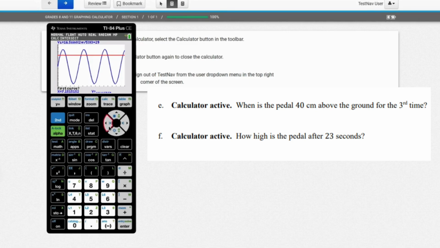So let's make sure that our little cursors are right where we need them to be. Put it just to the left of that one. Put it just to the right of that one. Always hit enter for guess. And we're looking at 5.5006. So we could say 5.5 seconds or 5.500 seconds if we're doing the 3 decimal trick.